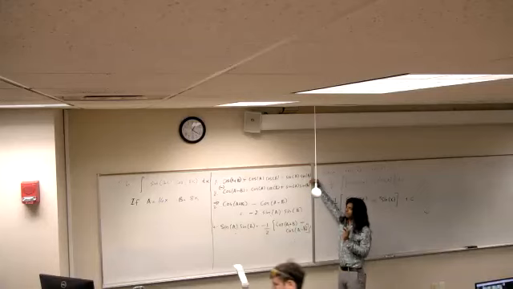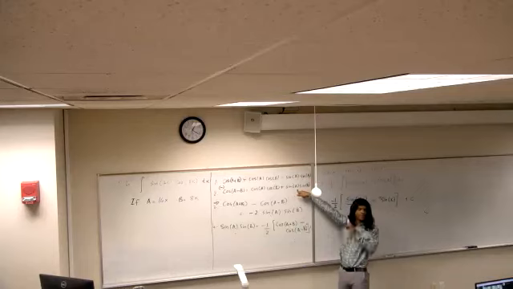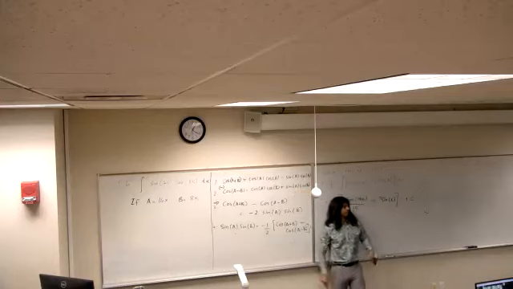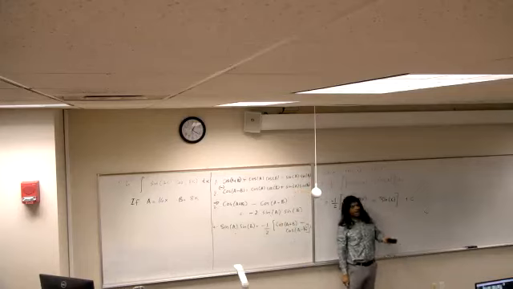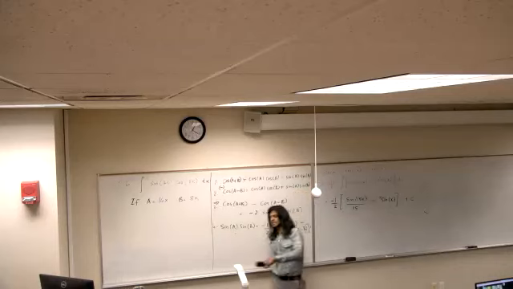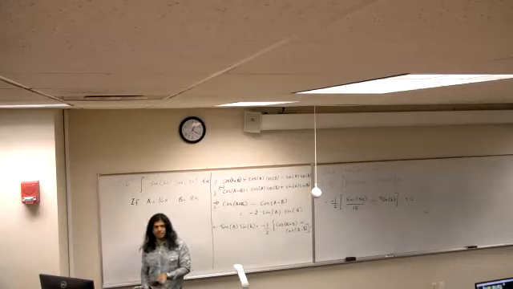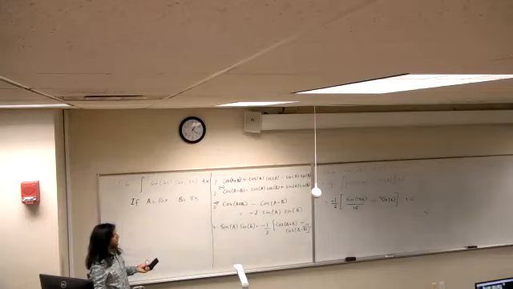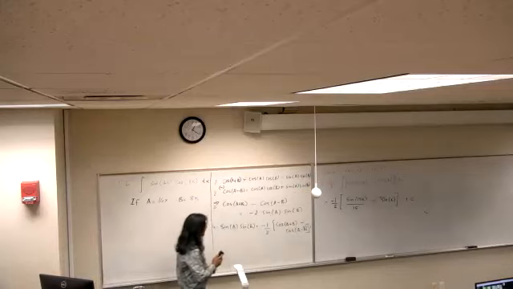We want to move away from this product that I have to a sum. Reason being, if you have a sum, you can distribute the integrals. If you have a product, you cannot distribute the integral into a product. So we need a sum, it'll make life easier.